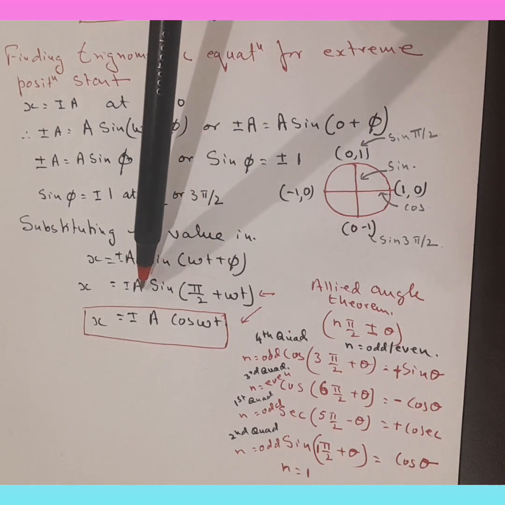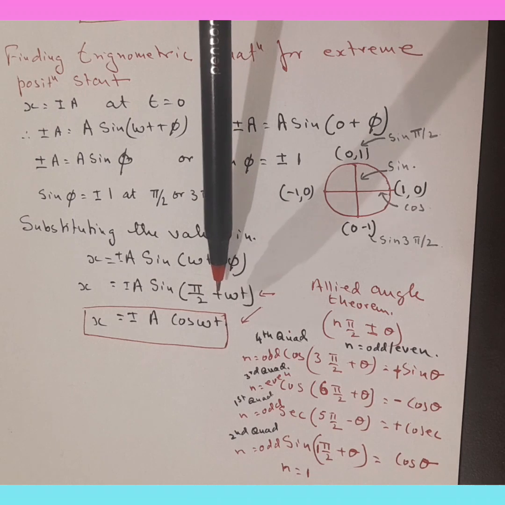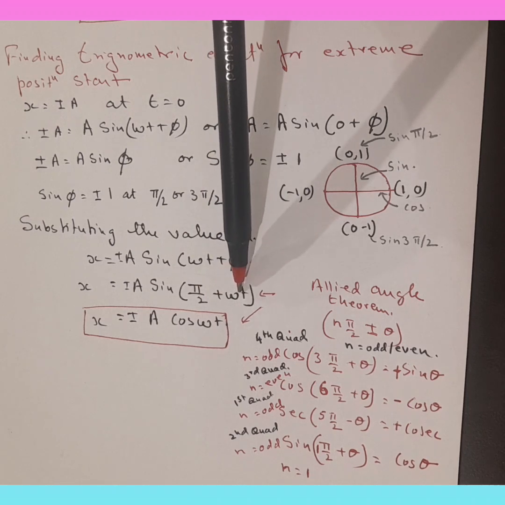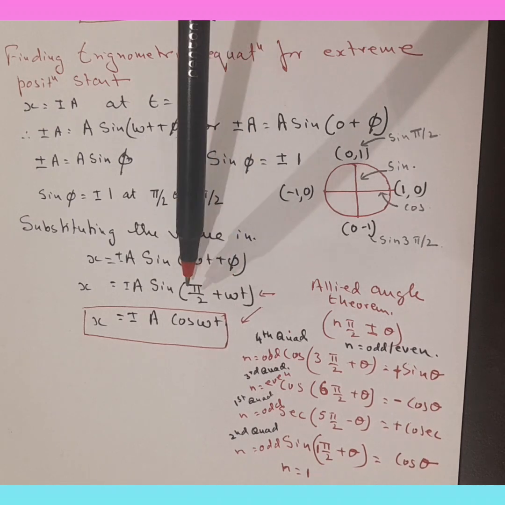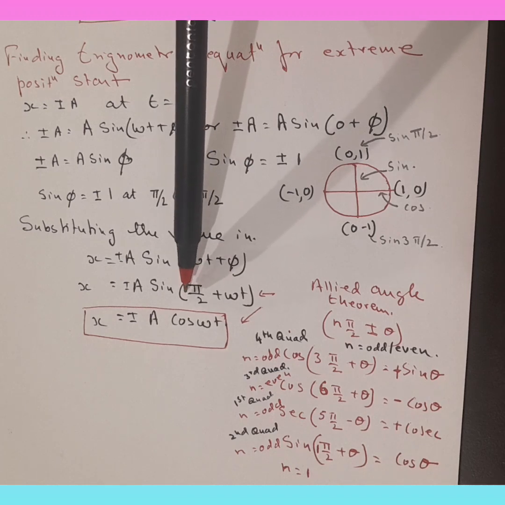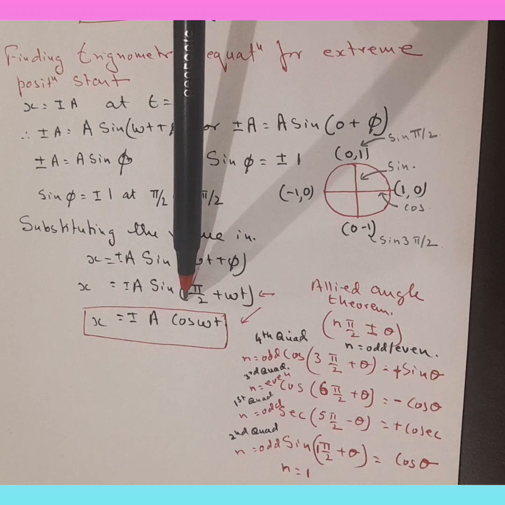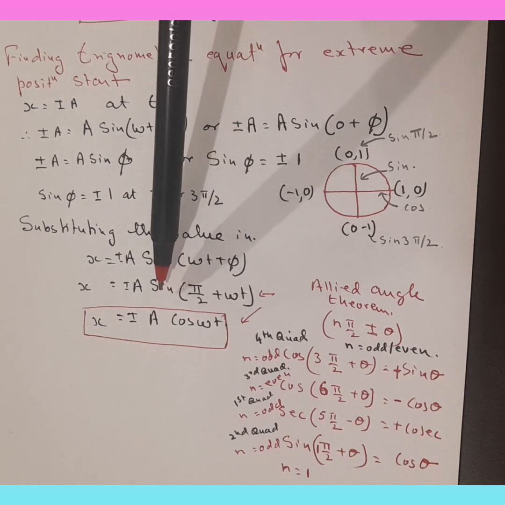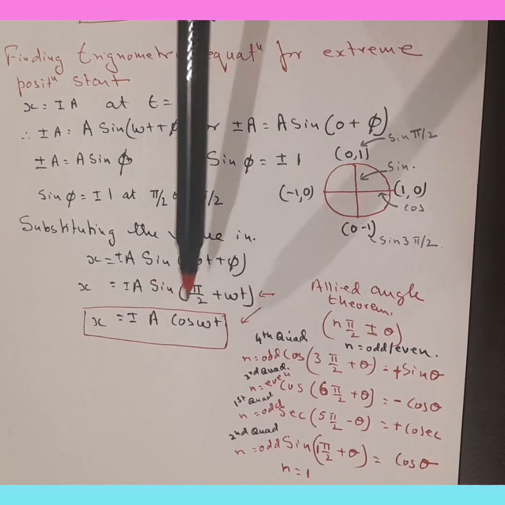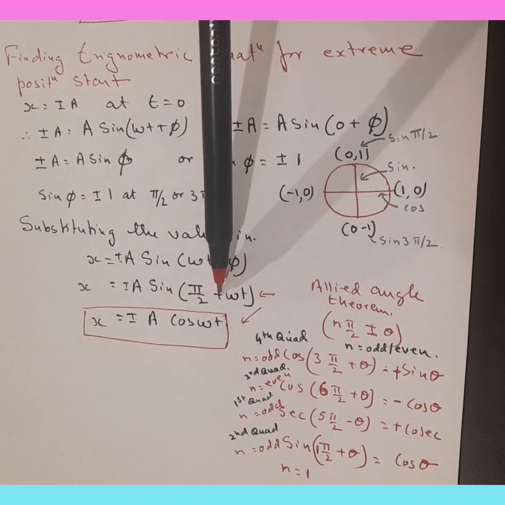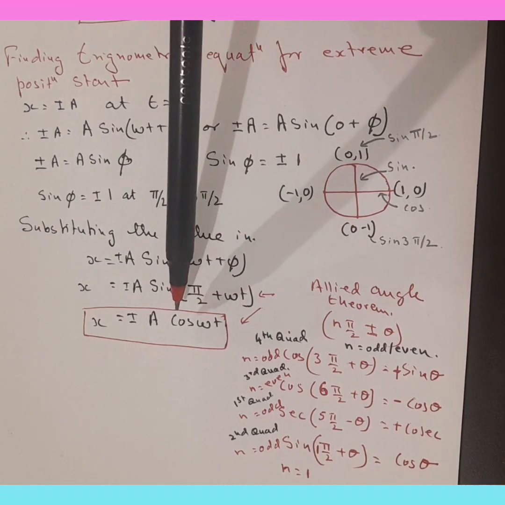So plus or minus a sine(pi by 2 plus omega t). Now as per the allied angle rule, whenever it is an odd multiple of pi by 2, here it is 1 which is odd, sine changes to cos omega t. The value remains the same but sine changes to cos.